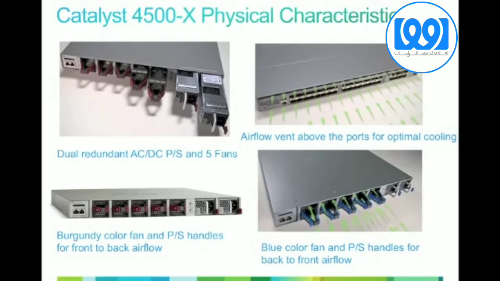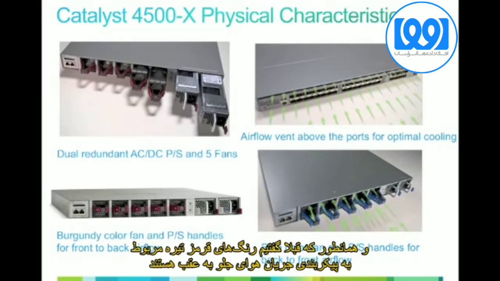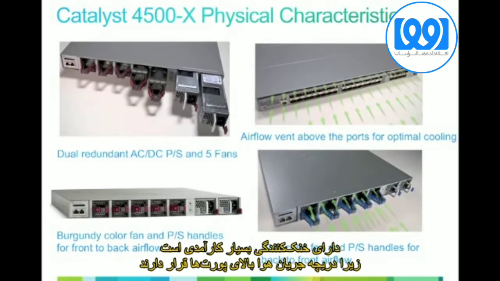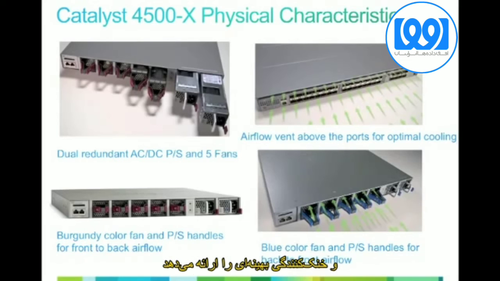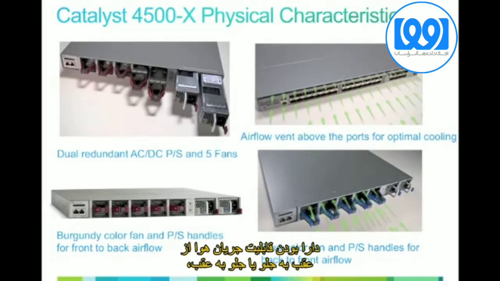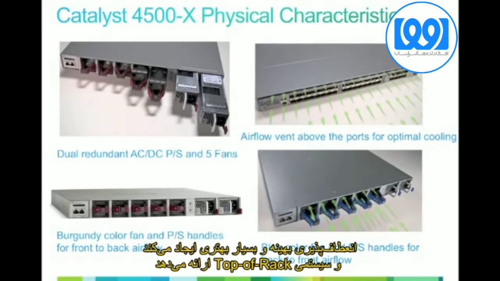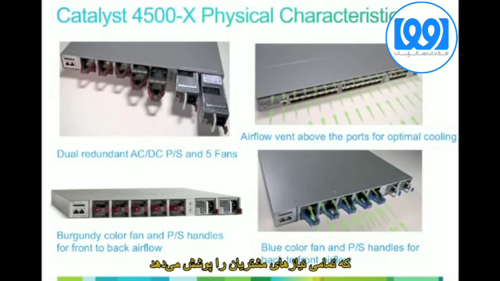And again, as mentioned before, the burgundy color fans are a front-to-back airflow configuration, and the blue color fans are for a back-to-front airflow configuration. The cooling is very efficient because the airflow vents are above the ports to offer optimal cooling. Having the ability to have back-to-front or front-to-back airflow optimizes and produces the greatest flexibility in providing a top-of-rack solution to meet all of our customer needs.